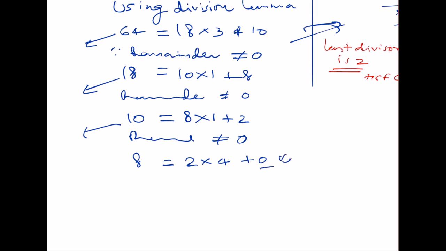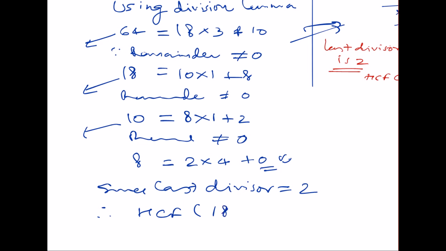We have to find a remainder 0. So guys, now here, since the last divisor is 2, therefore the HCF of 18 and 64 is equal to 2. This is our final answer.